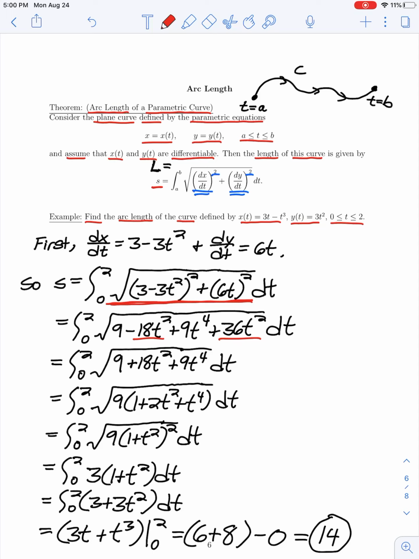Rather than expand and collect like terms and factor again, we saw that the square root of the sum of the squares reduced to 3 plus 3t squared.